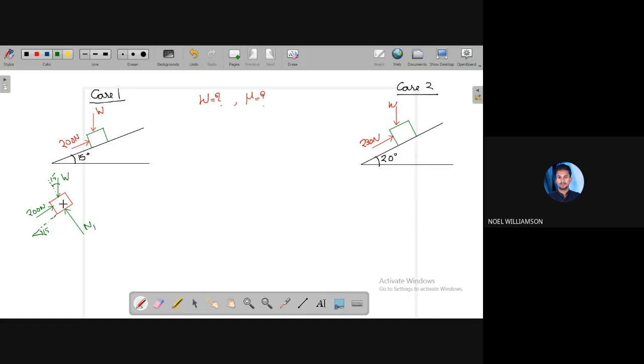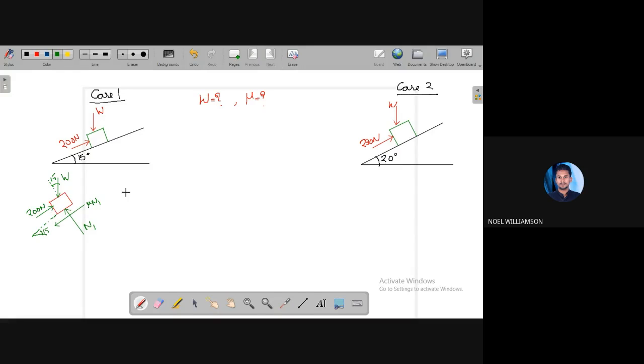And the body is moving upwards, so the friction will be in the opposite direction. This is mu into N1. This is the free body diagram of case 1.